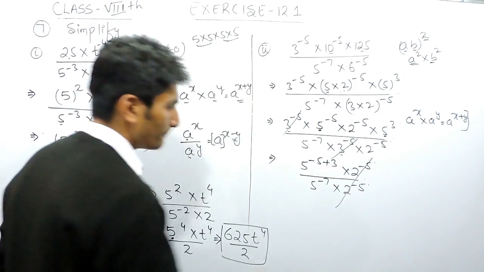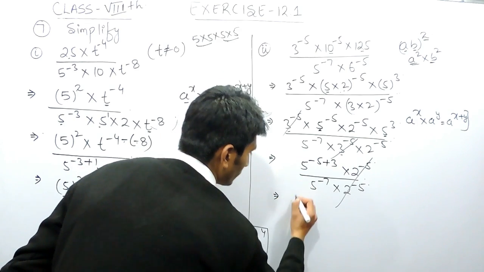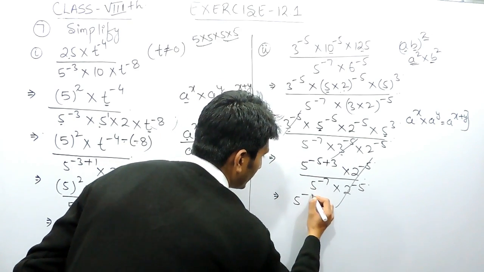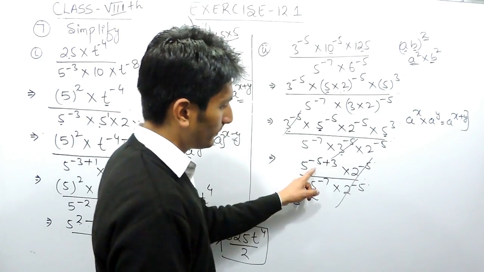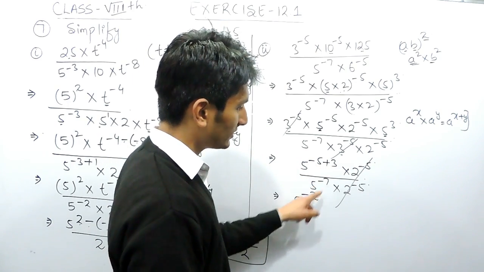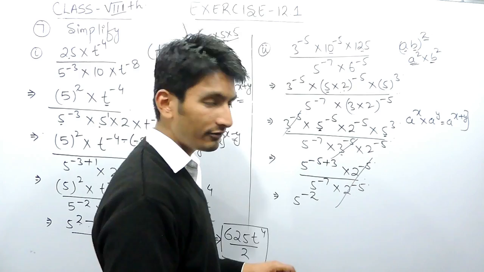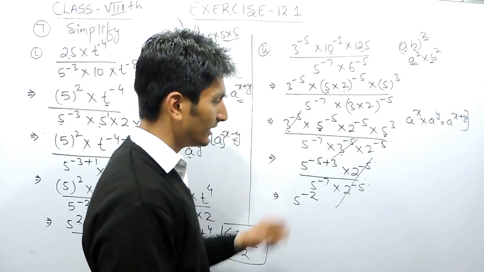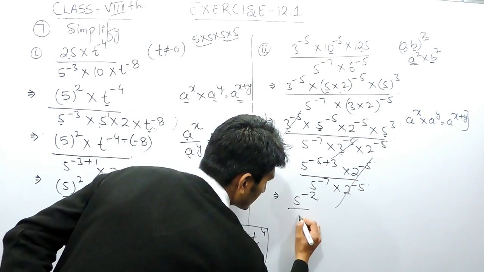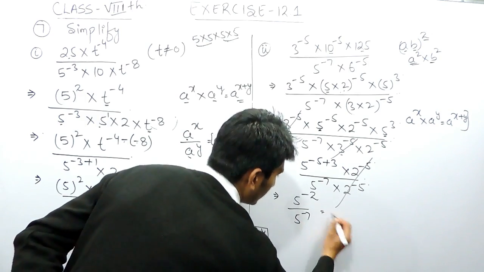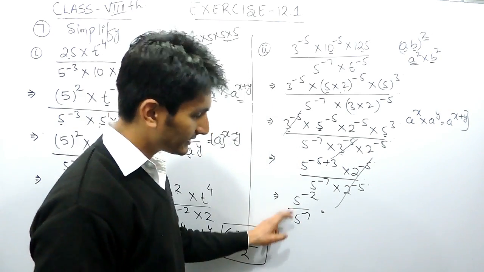These values are same. Now this will be 5 raised to power minus 2, because plus minus is minus, so 5 minus 3 is 2, but the sign will be negative because the greater value has a negative sign, and this is 5 raised to power minus 7. Now again the base is same.